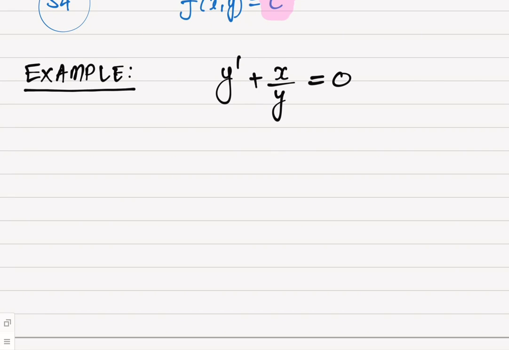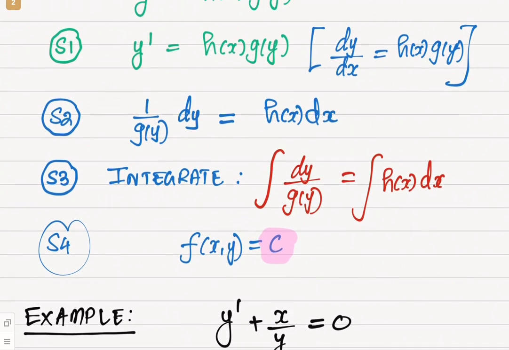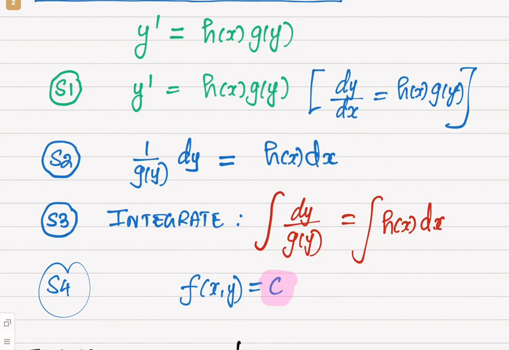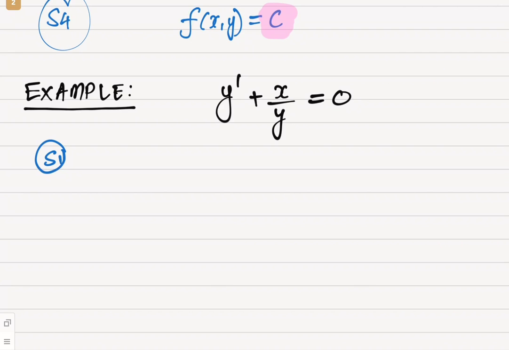I'm going to do step 1. If you recall, step 1 is to make sure that the differential equation is written in this form. So if I do that, you see that I have dy over dx equals negative x over y.